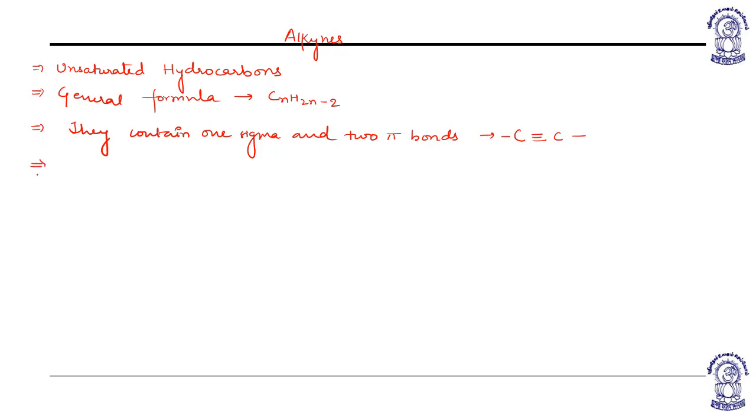The triple bonded carbon shows sp hybridization with a bond angle of 180 degrees. The molecular geometry is linear.